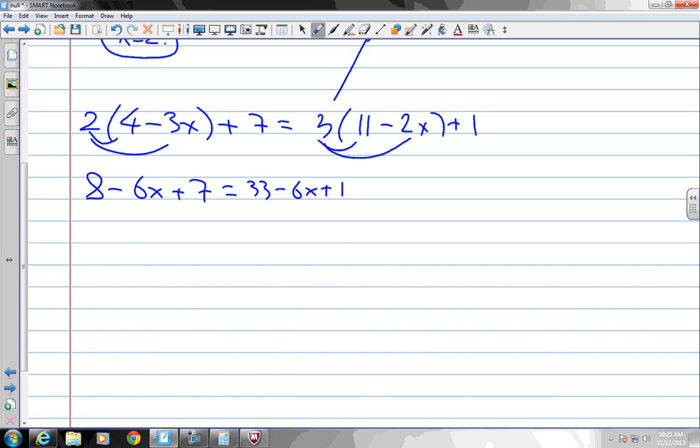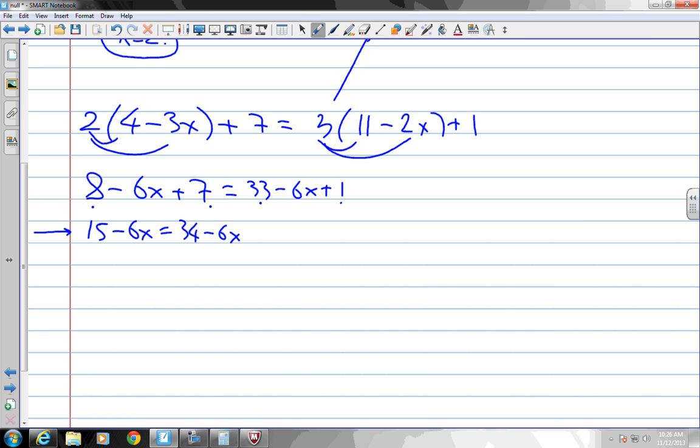So if we combine like terms on each side, 8 plus 7 is 15 minus 6x. On the other side, 33 plus 1 is 34 minus 6x. If I stop right here and think about it, I see two linear expressions, right?